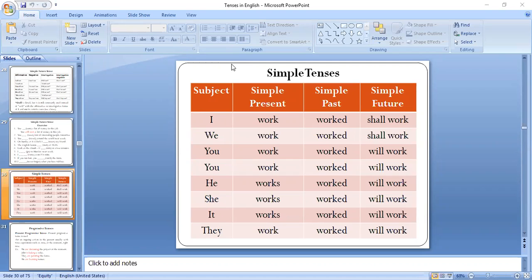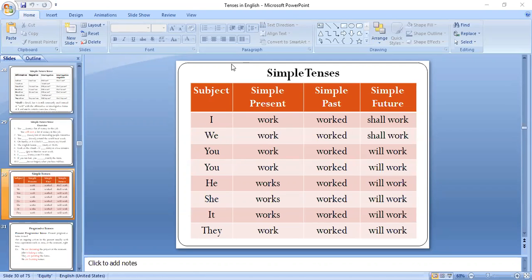Then if he, she, it are the subjects, then we will use he works. Here we are adding s or es as a suffix for simple present. Why are we adding a suffix? Because he, she, it are the third person singular subjects.